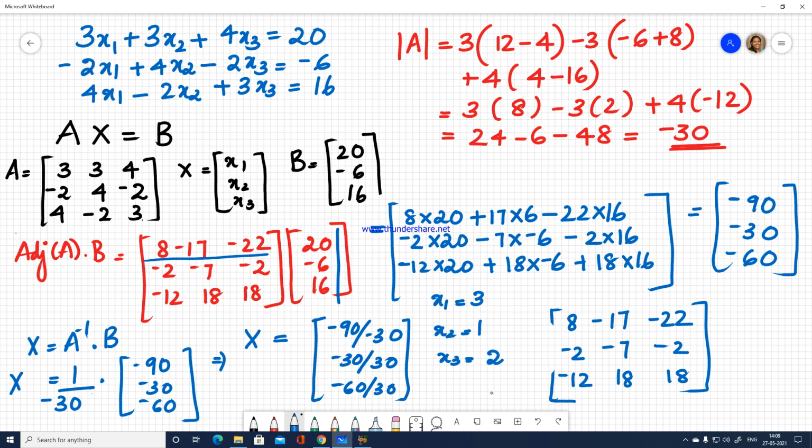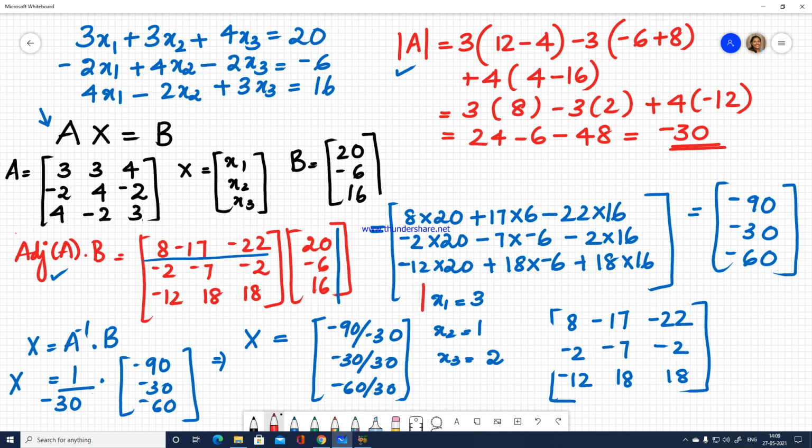Okay, this is how we solve the particular equation using the general matrix equation. What we have to do is convert it into the general form, that is AX equal to B. Then you find the determinant of A and adjoint of A. Once you get the adjoint of A, multiply that with B. Then the multiplied value should be divided by the determinant, which will give you the values.